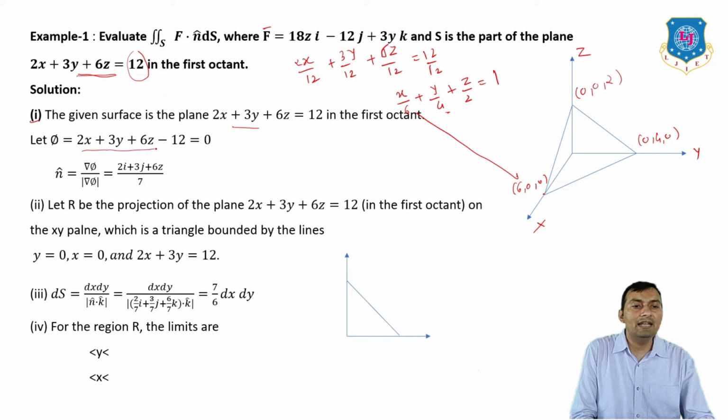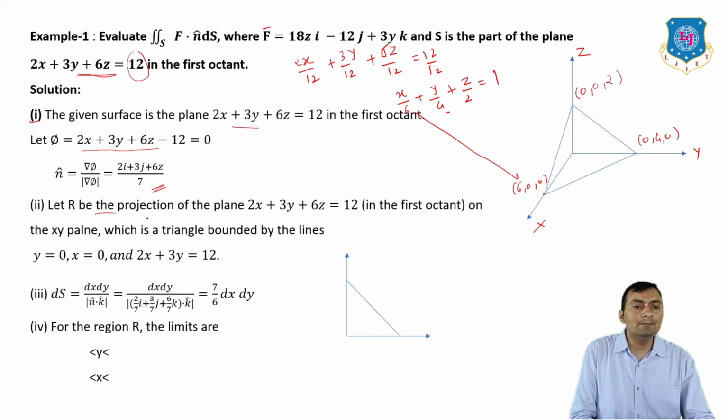Del phi by del x i plus del phi by del y j plus del phi by del z k. So we get 2i plus 3j plus 6k divided by its length. What will it be? Square root of 4 plus 9 plus 36, that is square root of 49, and the square root of 49 is 7. So this is the unit vector.